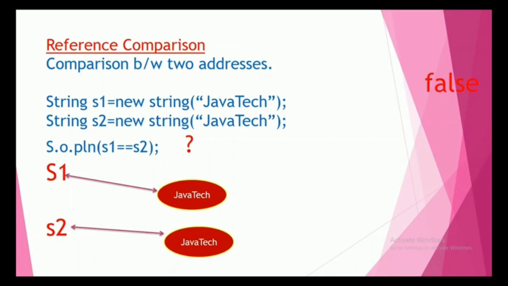Hash codes will be different for different reference variables. In the diagram you can see S1 pointing to JavaTech and S2 pointing to JavaTech. Here it will compare only hash codes, which belong to the reference variables. Every reference variable has a different hash code. S1 has a different hash code and S2 has a different hash code. It won't match, so in this example my answer should be false.